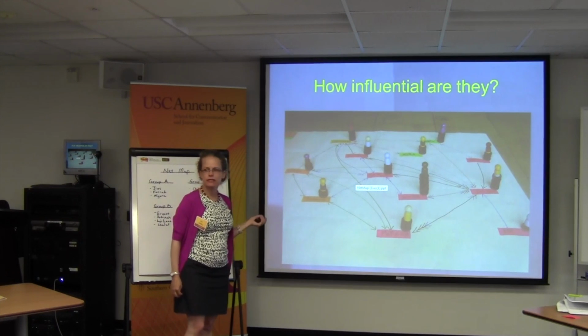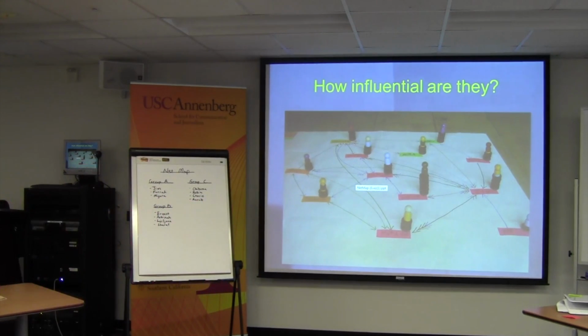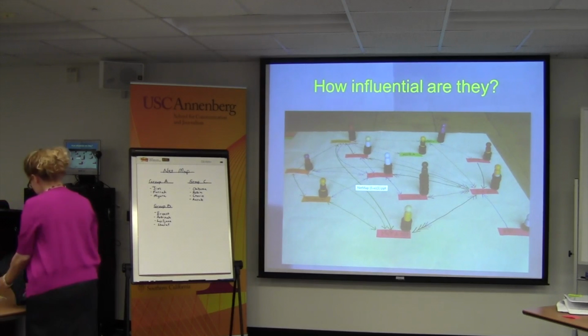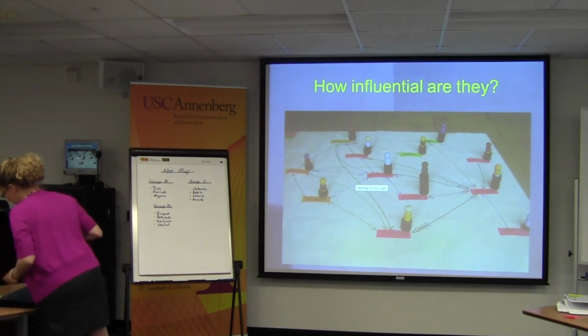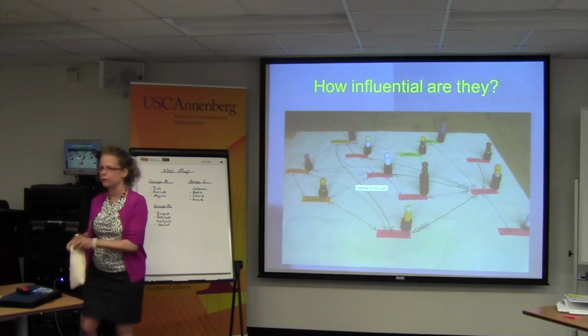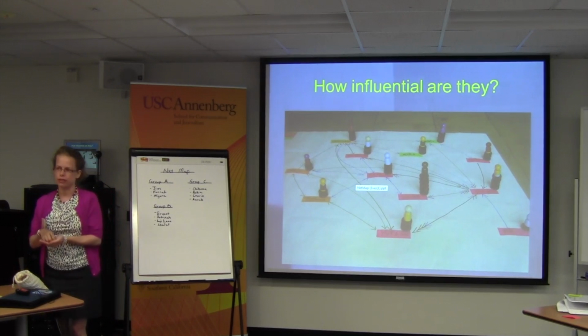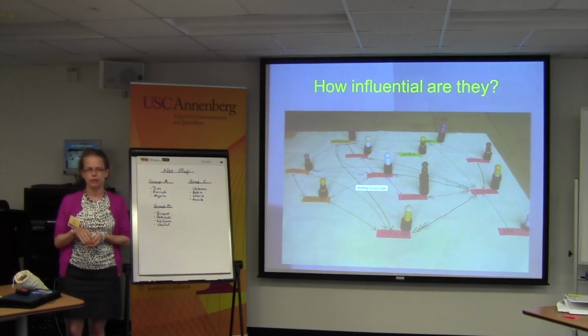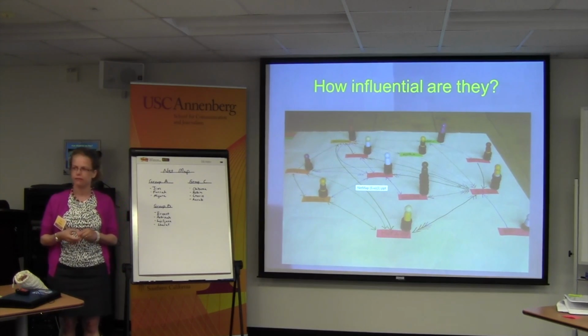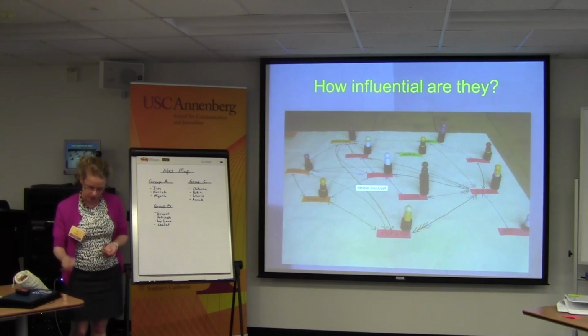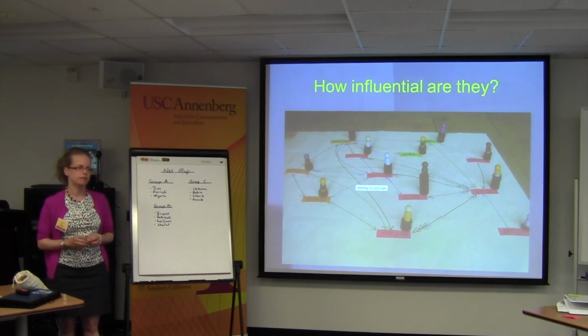And then the influence towers. These have actually changed a little bit in the meantime, but basically remained the same. So you ask how strongly can they influence this specific case. It's not how strongly can they influence the running of the world. So very often the president of a country, for example, will not be the most influential person in your map if, let's say, it's about healthcare on the community level, even though he or she might be most influential in national politics.